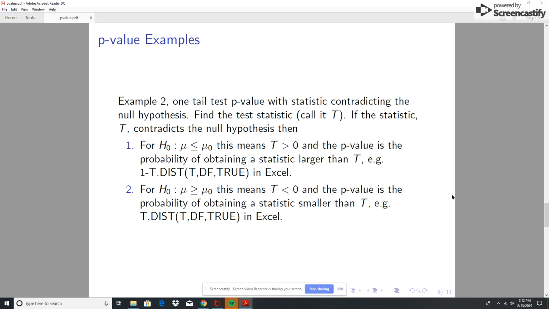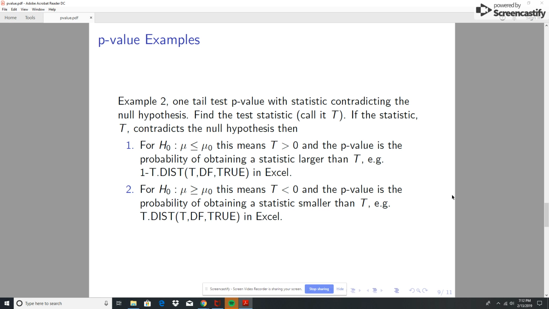If t contradicts the null hypothesis, then what we're saying is, so the null hypothesis is that mu is less than a particular value or less than or equal to a particular value. So contradicting it means that you have a test statistic that's positive, right? So it falls out to the right. And then the p-value is the probability of obtaining a statistic that's larger than t. So again, if you're in Excel, 1 minus the t.dist value. So that would be a right-tailed test.